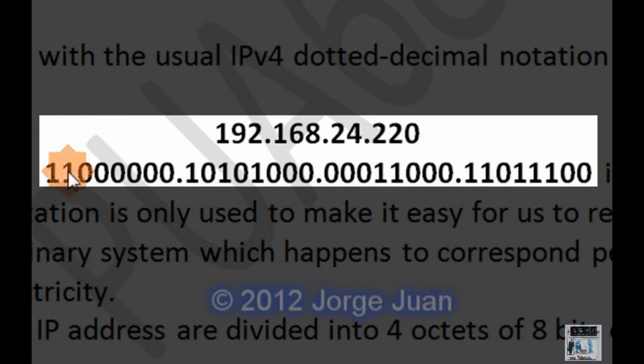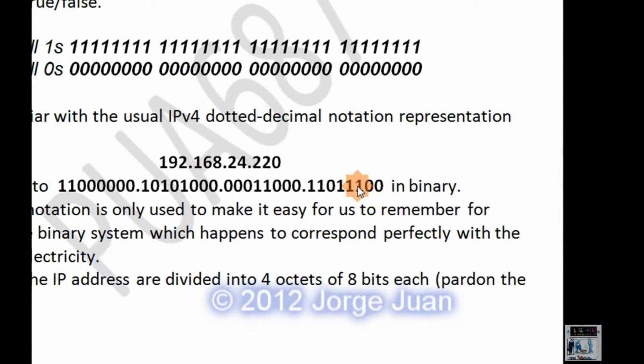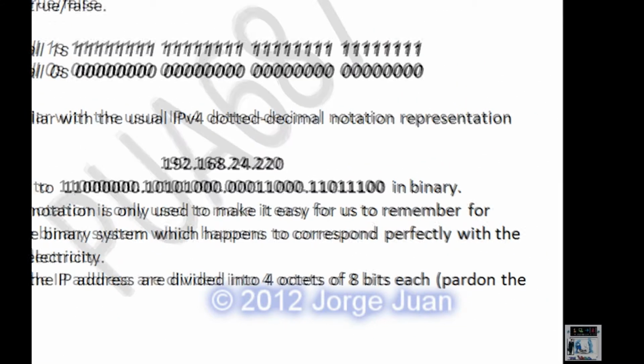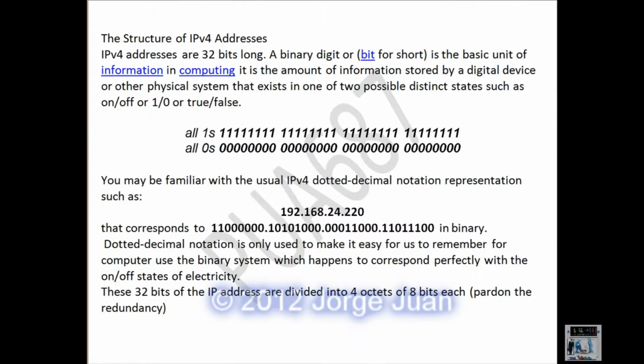The 192 corresponds to the first 8 numbers in binary notation, and these would be 168, and that's 24, and the last octet, it's 220 in binary. It's noteworthy to mention that dotted decimal notation is only used to make it easy for us to remember, because the computers use the binary system, which happens to correspond exactly with the on and off states of electricity.